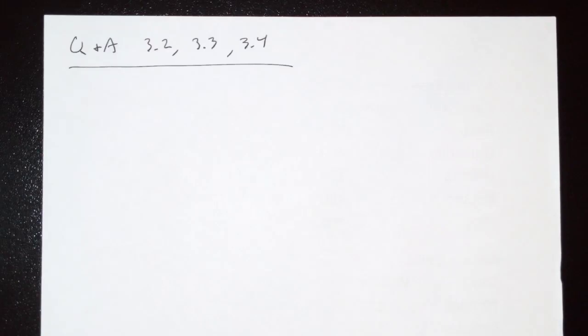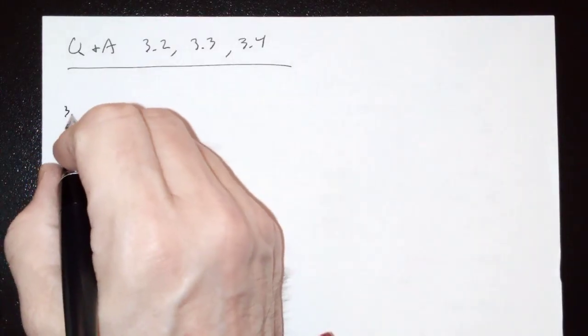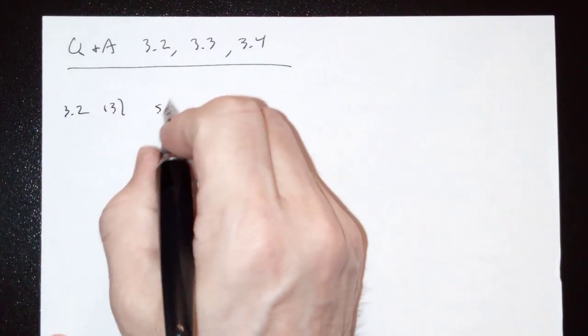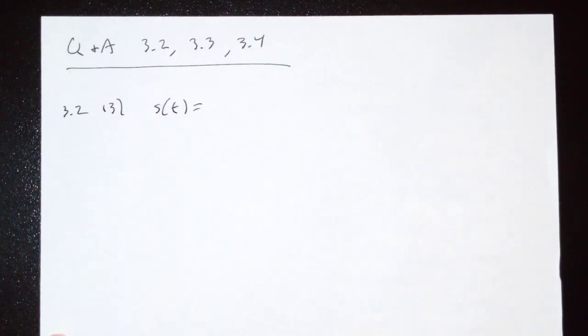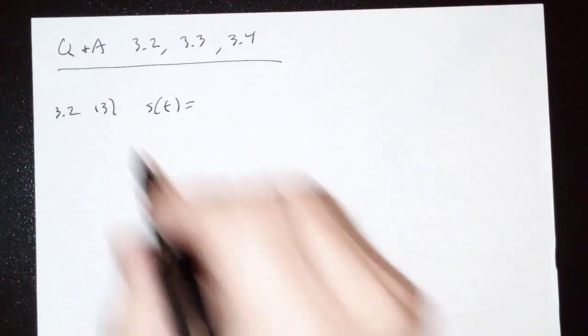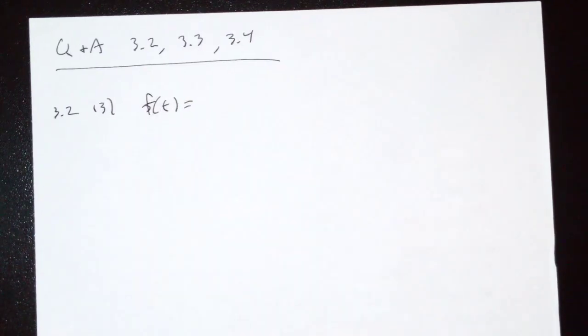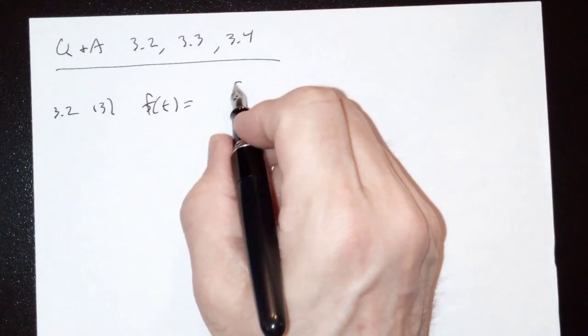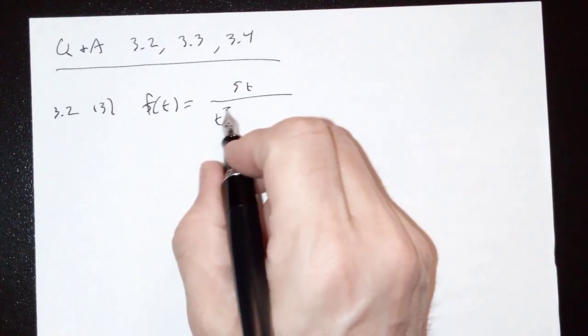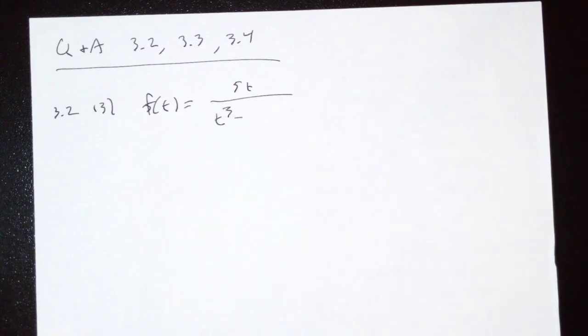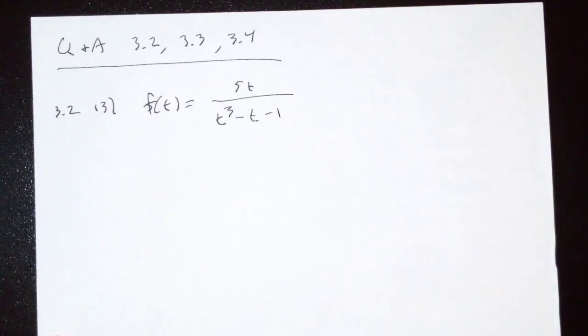So, five t over t cubed minus t minus 1. So what's the question you've got specifically in regards to this setup?